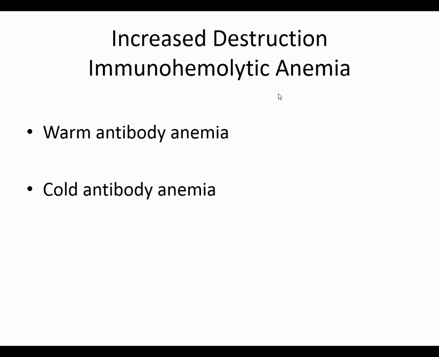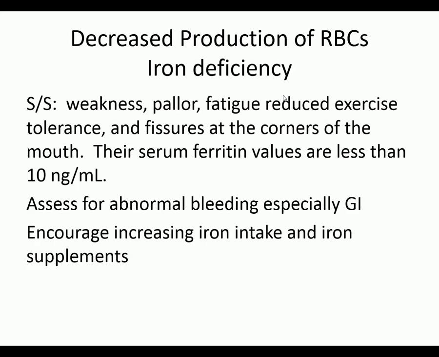Okay? Now let's talk about the anemias that are caused by a decreased production of red blood cells, like your iron deficiency. Iron deficiency is your most common form in the world, especially among women. It results from blood loss, poor GI absorption of iron and inadequate diet.